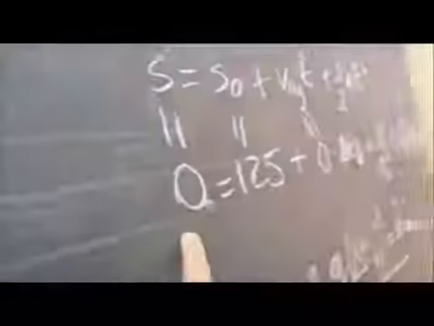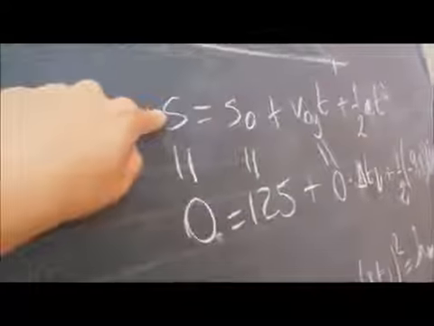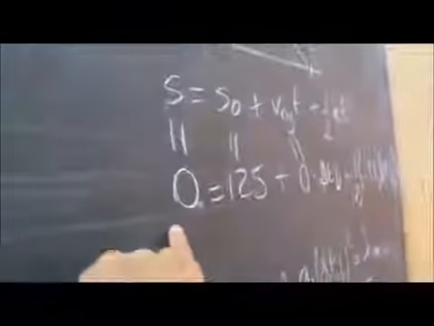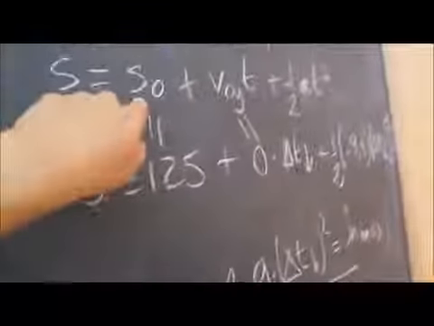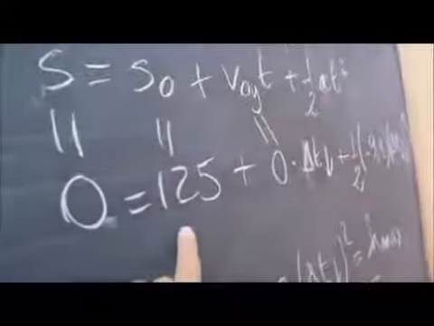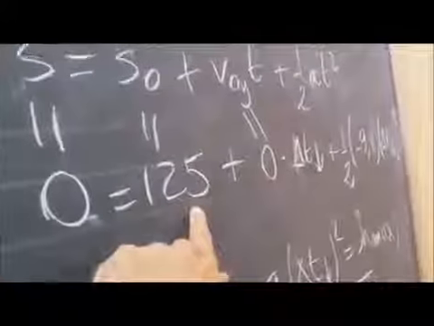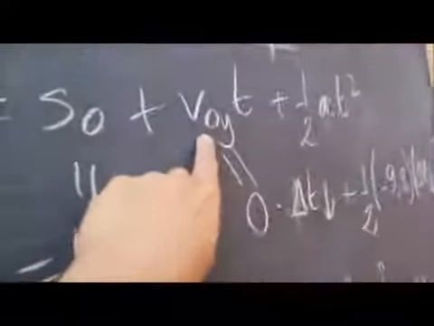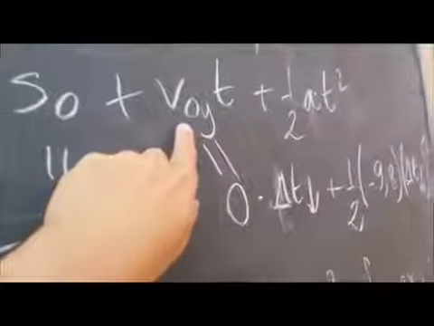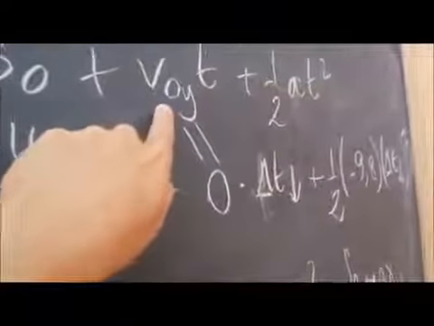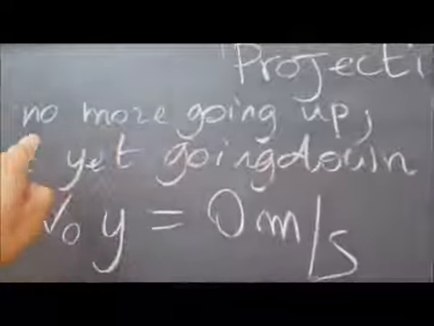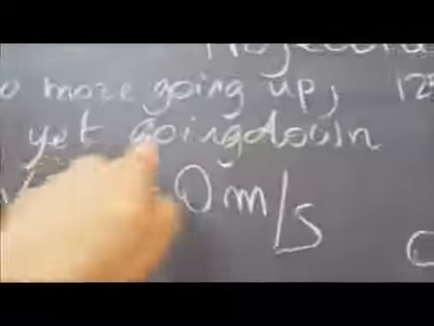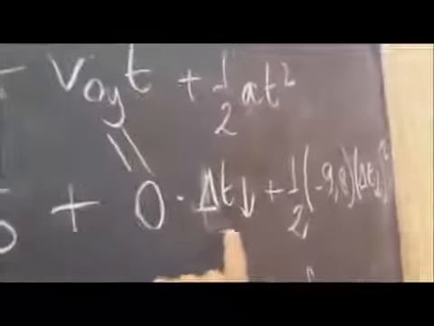The formula is the same, but in this case, the final position is going to be 0 meters. The initial position is 125 meters. The initial vertical component of the velocity was 0 because, as we said, it's no more going up, it's not yet going down.